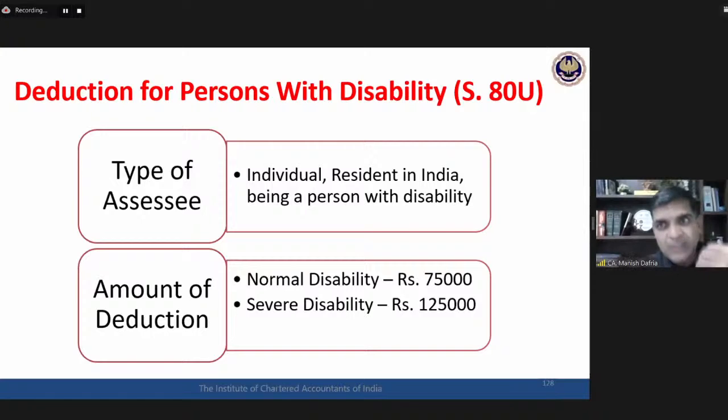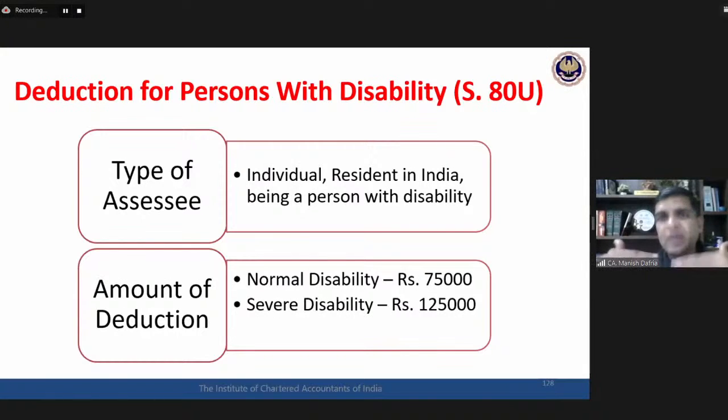So if this person with disability is self-dependent, having his own income, then he will get a deduction under section 80U. If this person with disability is dependent on somebody else, that other person will get a deduction under section 80DD. But in both the cases, the amount of deduction is same. 80U also 75 or 125, 80DD also 75 or 125.